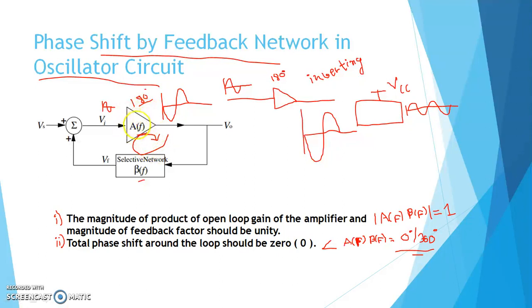So as this amplifier block is providing 180 degree phase shift, for the inverting amplifier case the frequency selective network must provide 180 degree phase shift. Then only 180 degree plus 180 degree, the signal will have 360 degree phase shift with respect to Vs.